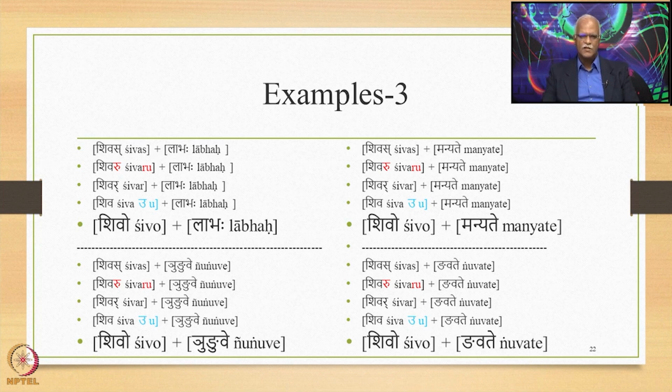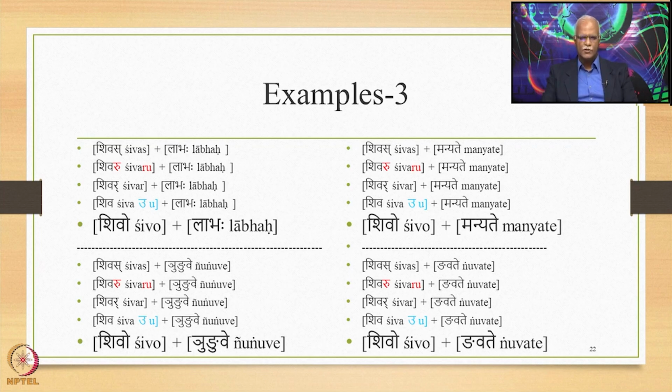Then we have Shivas plus Labhaha and Shivaru plus Labhaha, Sasajushoruhu, Shivar plus Labhaha, and then this ru is substituted by u. So, we have Shiva u Labhaha, and then adgunaha Shivo Labhaha.